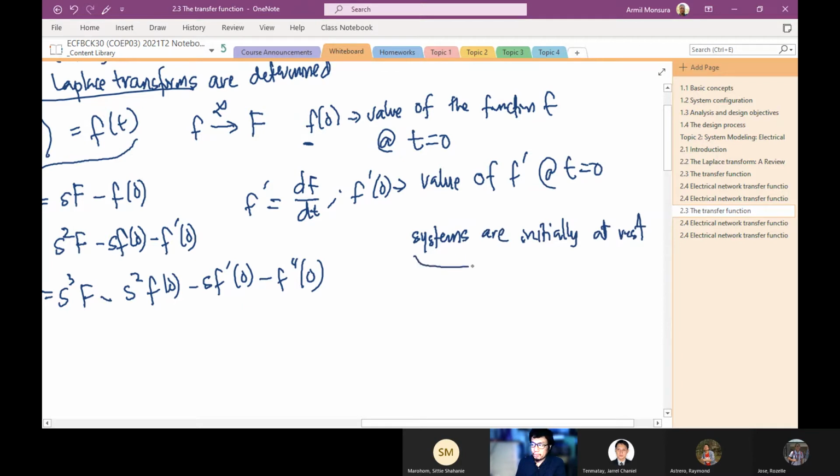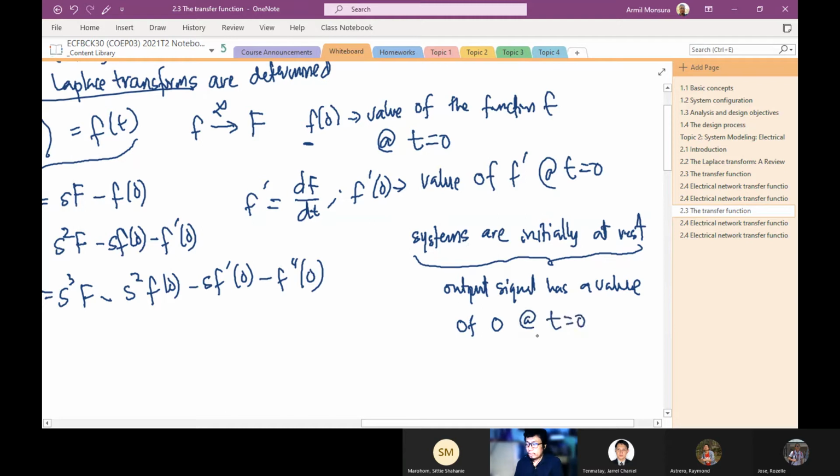pag sinabi nyo ang system niyo are initially at rest, ibig sabihin nun, its response or its output signal, yung output signal niya has a value of 0, okay, at t equals 0.